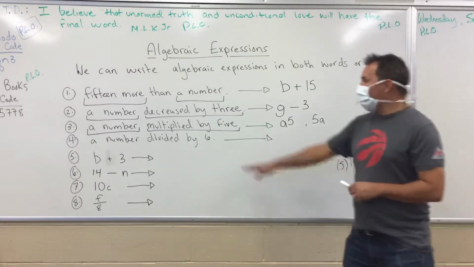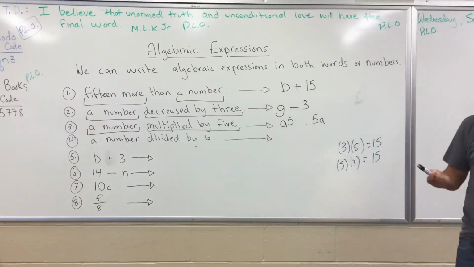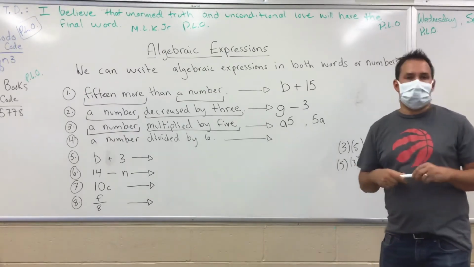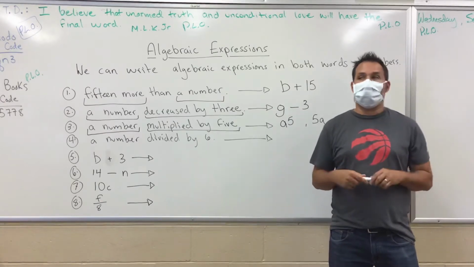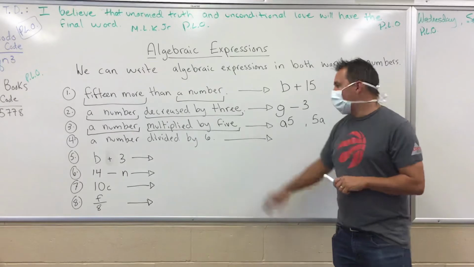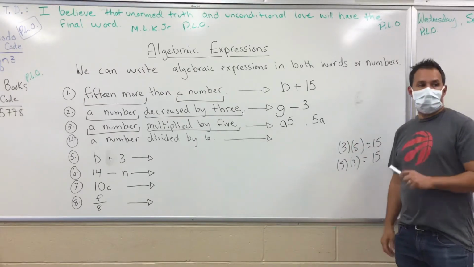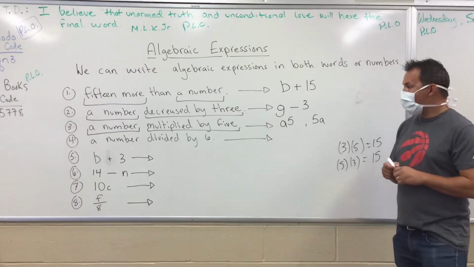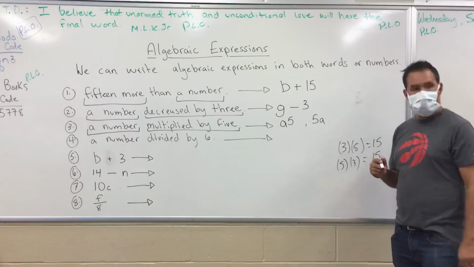The last one, a number divided by 6. This one's a little bit tricky, because when we deal with algebraic expressions or equations, anytime we're talking about division, we're talking about a fraction. How might we write a number divided by 6? Yep, you do it like you do with fractions, one on top and one on the bottom with the line.